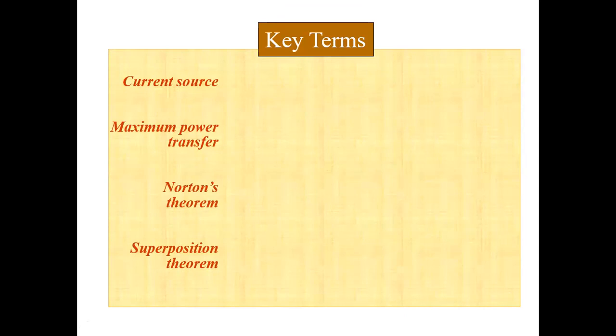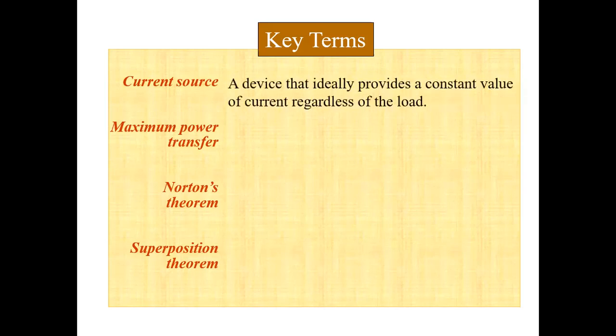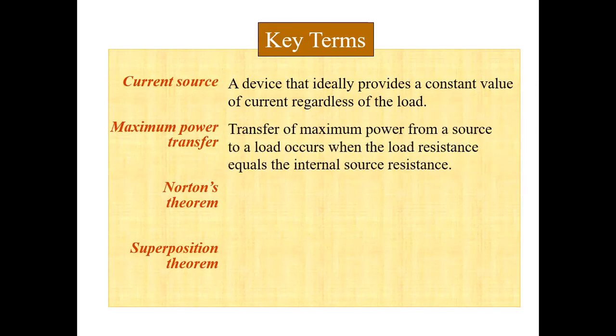From that we will stop, and here are some basic revisions of these topics. A current source is a device that ideally provides a constant value of current regardless of the load. The maximum power transfer theorem: the transfer of maximum power from a source to a load occurs when the load resistance is equal to the internal source resistance.